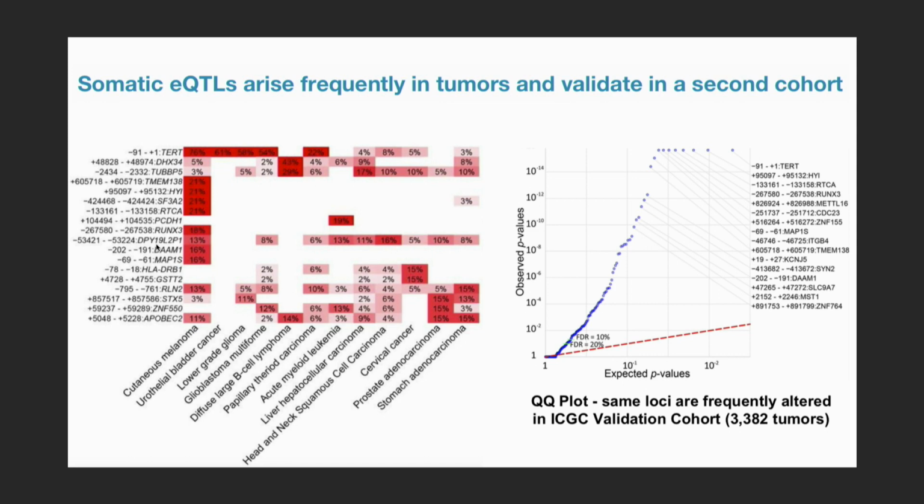Meaning, can we now go into a cohort we haven't seen before as a validation and find some of these same events? So for that, we then turn to a second, even larger cohort, in fact, of tumor whole genome sequences that was made available by a sister project to the Cancer Genome Atlas, and that is the ICGC, the International Cancer Genome Consortium.